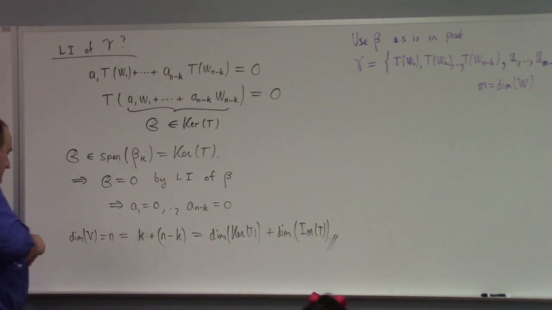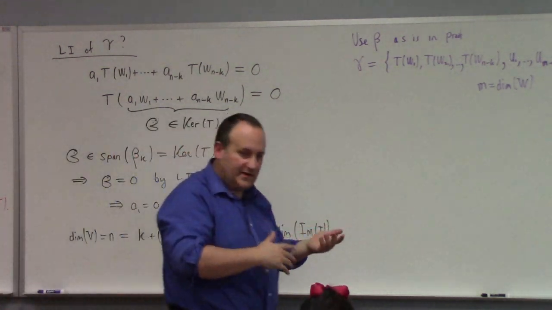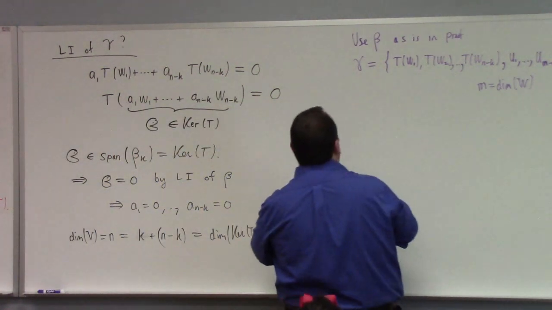And so if we think about the matrix of T with respect to this choice of basis, what does it look like?